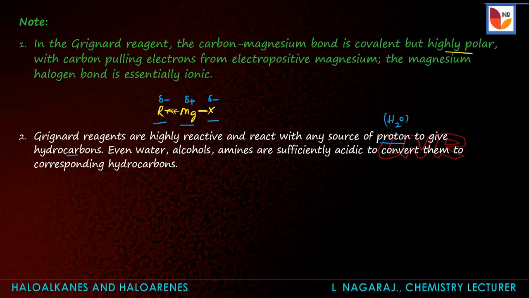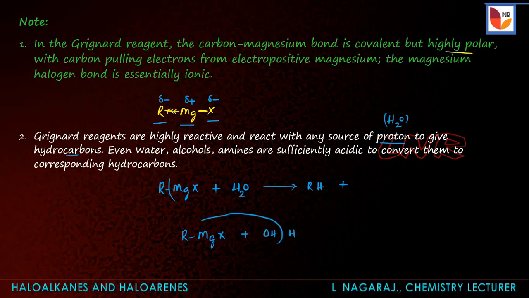That is, when RMgX readily reacts with water molecules, it gives the product hydrocarbon. There is an elimination of MgX, and the obtained product is RH, from RMgX plus water molecule.